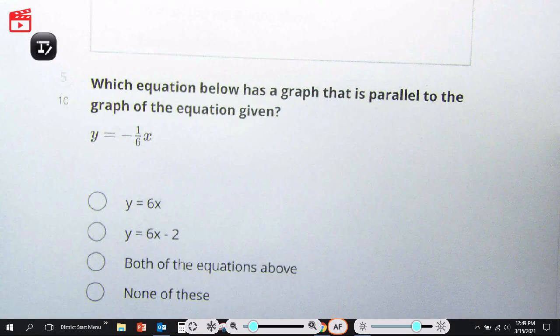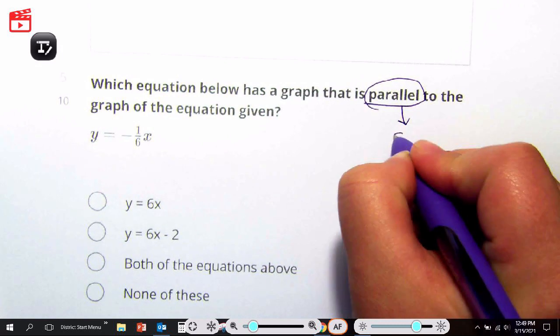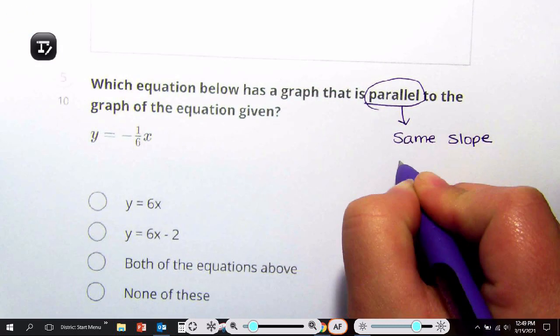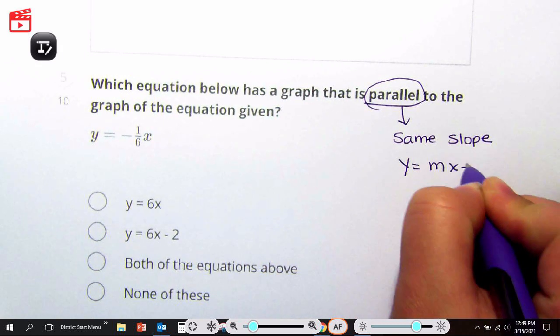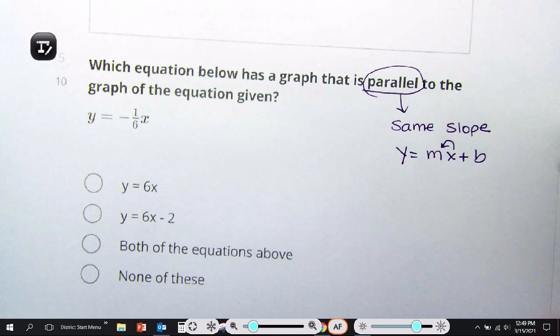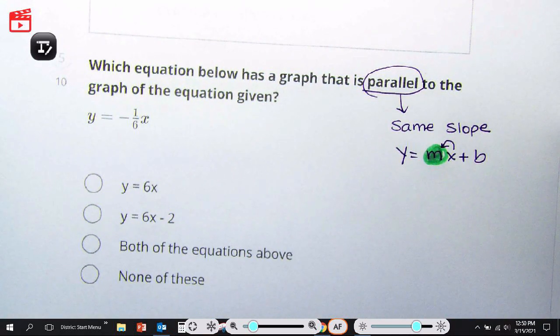Which equation below has a graph that is parallel to the graph of the given equation? So parallel lines, parallel, same slope. So if you have y equals mx plus b, we're looking at the number in front of x. If the number in front of x is the same number, then it is parallel.